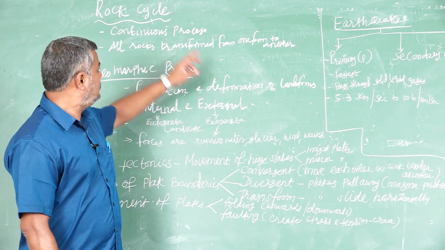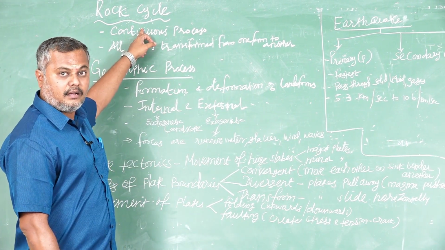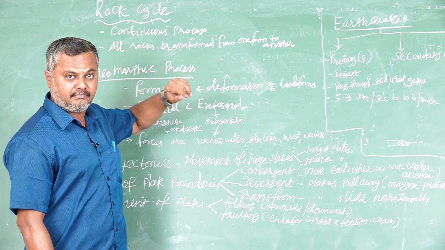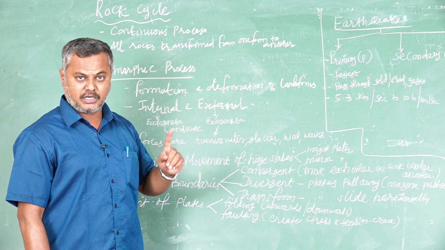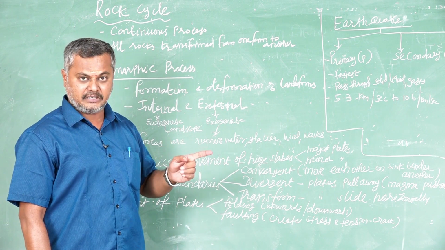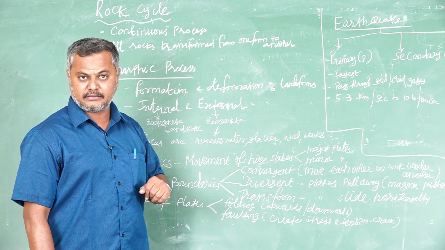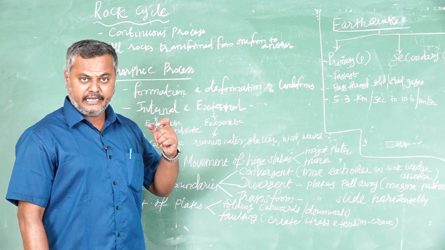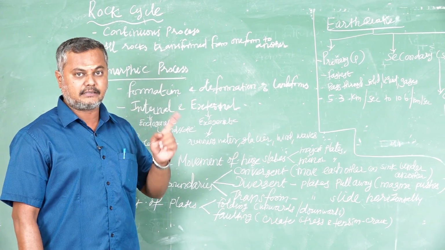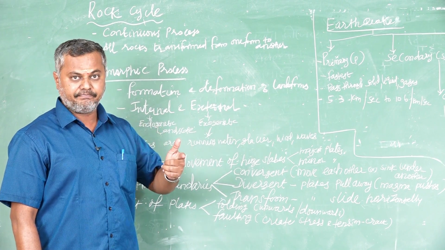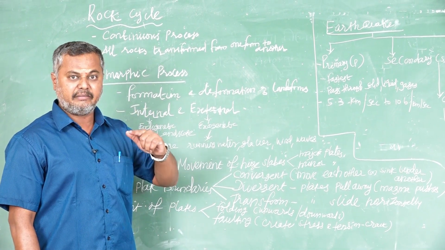First one is the rock cycle. We have already seen that there are three types of rocks. What are they? First one is igneous rocks, second is sedimentary rocks, third is metamorphic rocks. I already told you, igneous rock is the primary rock, also called the parent rock. From igneous rocks, sedimentary rocks are created, and from sedimentary rocks, metamorphic rocks are created.